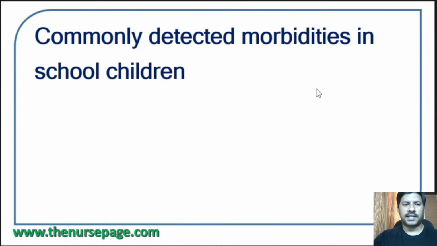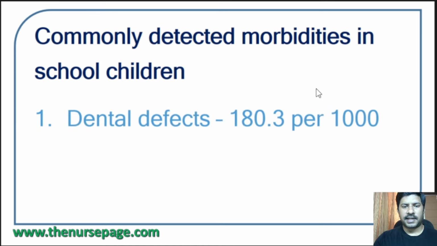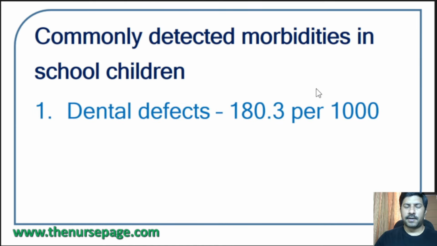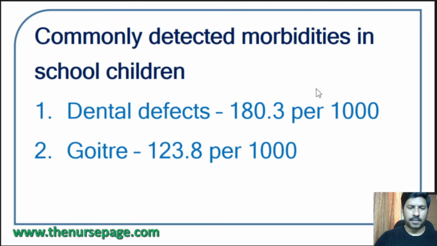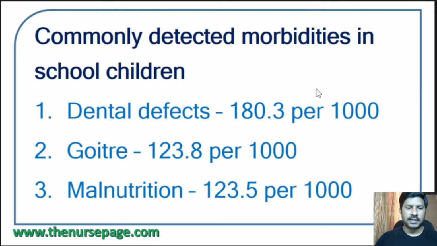Commonly detected morbidities in school children include dental caries, that is seen in 180.3 per every 1000 students. Second most common morbidity is goiter, seen in 123.8 per 1000 students. Then third, malnutrition, that is approximately 123.5 per 1000 students.